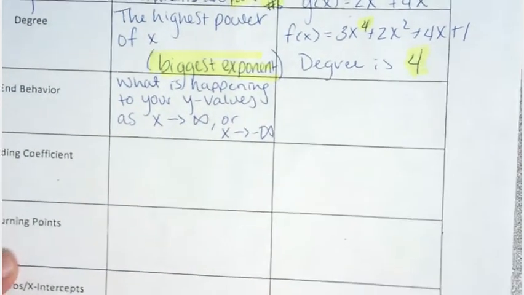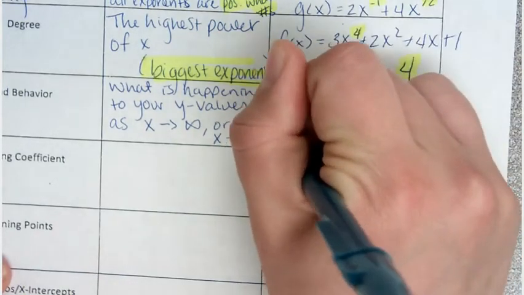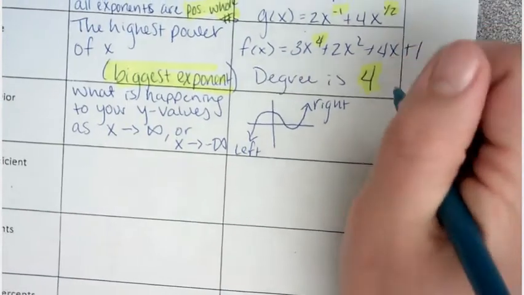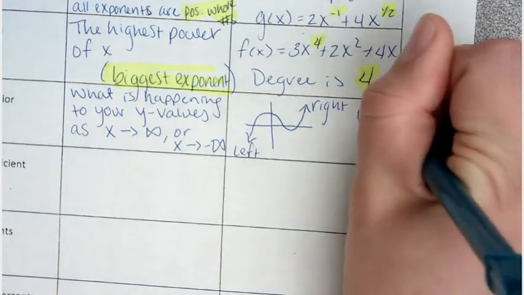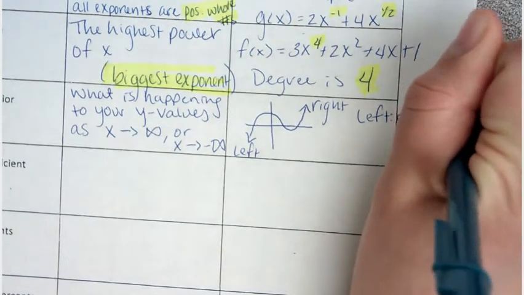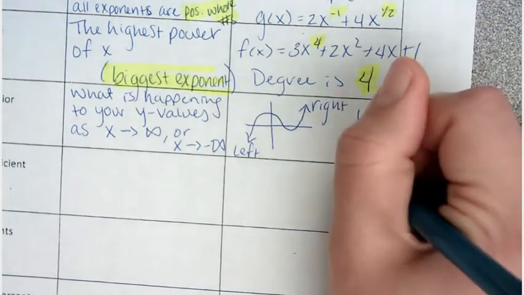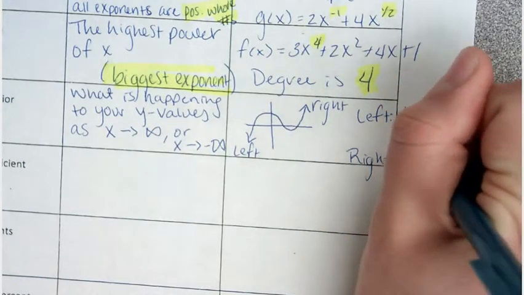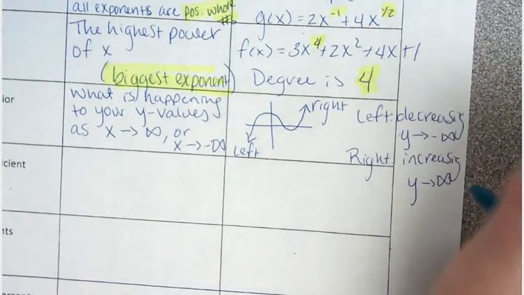Okay, so if you have a function that maybe looks like this, this is your left and this is your right side. So our left is decreasing, or the y we could say is approaching negative infinity, and the right is increasing, or you could say that y is approaching positive infinity.